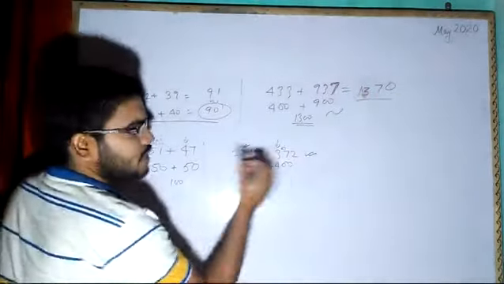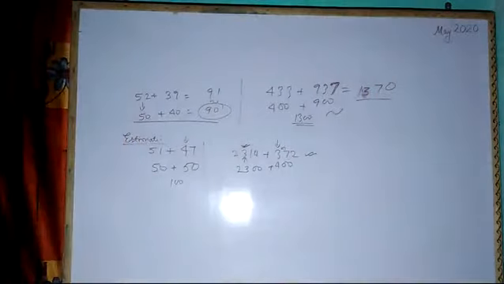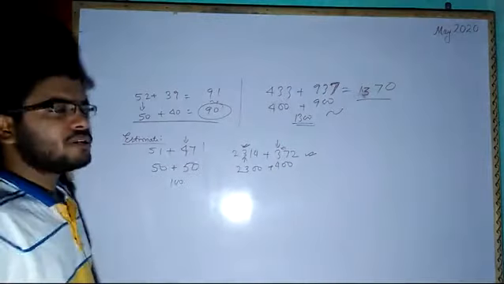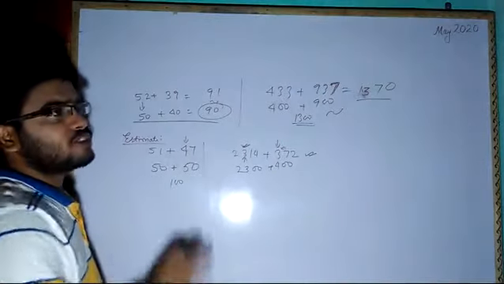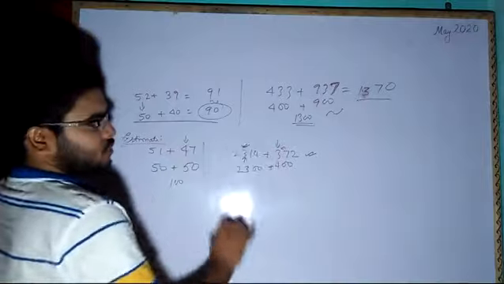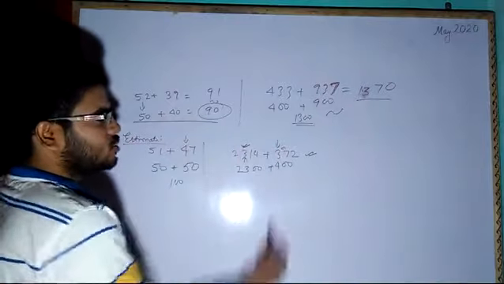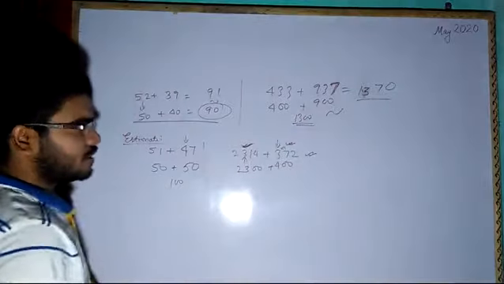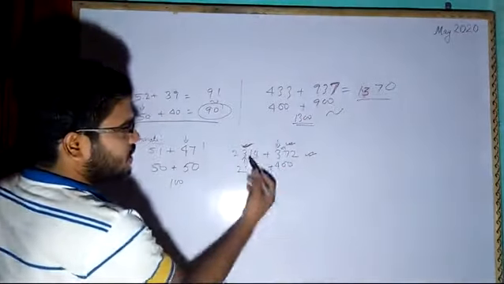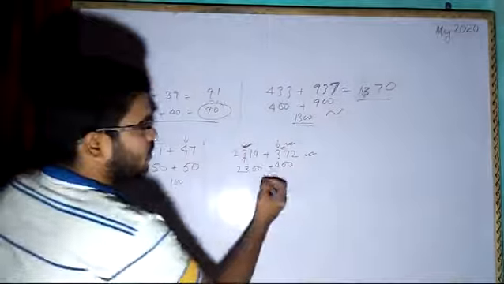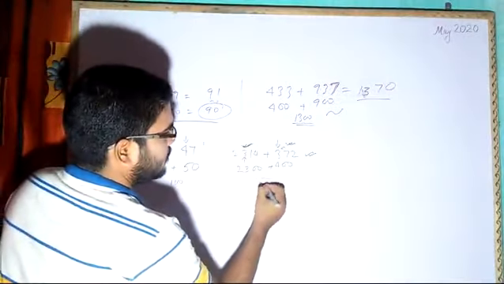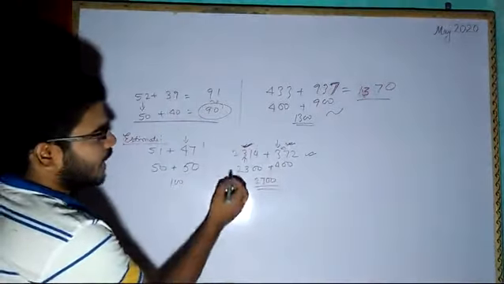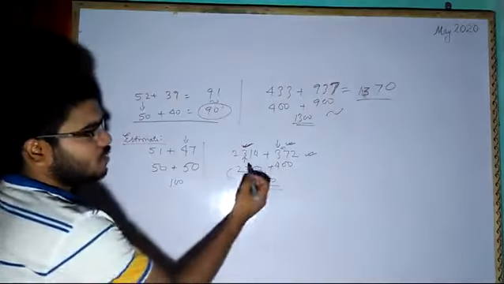Understood? That is the first task, to find the smallest number among the set of numbers and then round off that smallest number to the nearest position. Nearest position means 100. So if you are rounding off to 100 here, here also you have to round off to 100. So this will become 400, this will become 2300. Now if you round off and add, it will become easy. Don't you think the calculation is a bit easy when we round off the numbers?